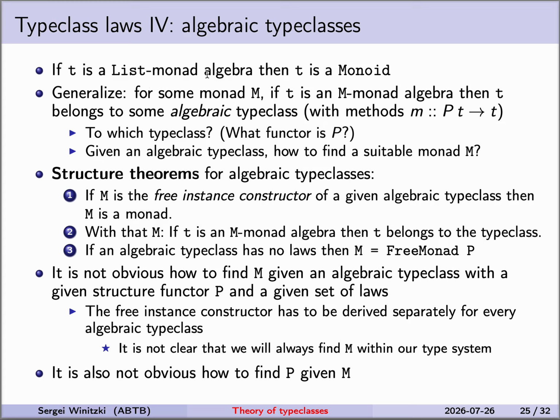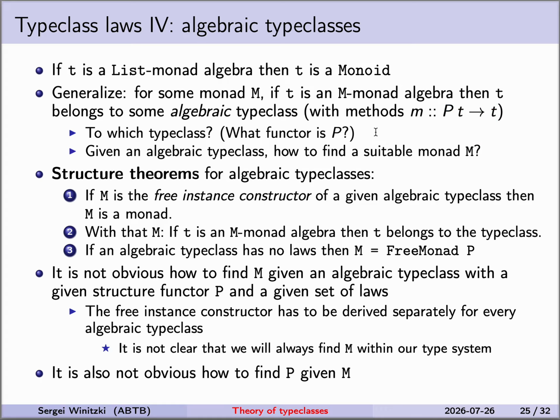And this seems to be directly generalizable. For some monad M, so instead of list we use a different monad M, if T is an M monad algebra, then T belongs to some algebraic type class instead of a monoid. To remind you, that's a class whose methods can be combined into a single value of this type, P T to T.